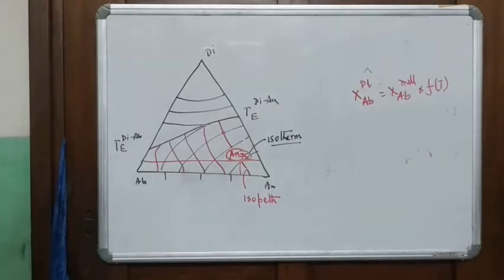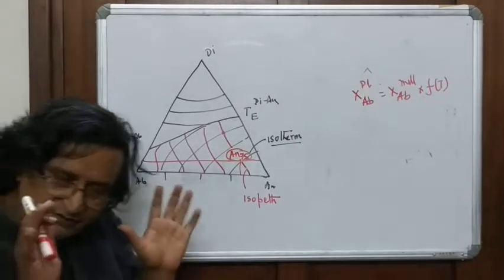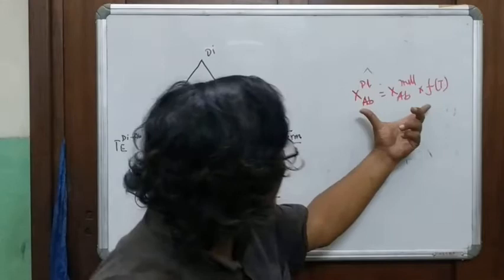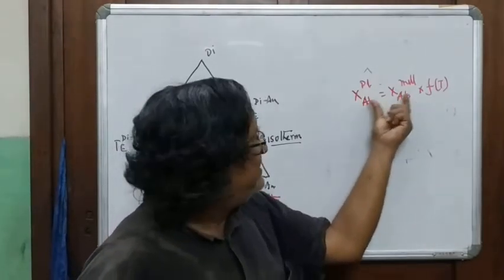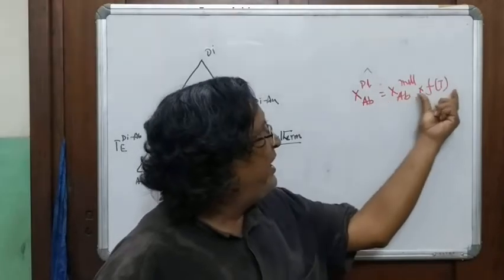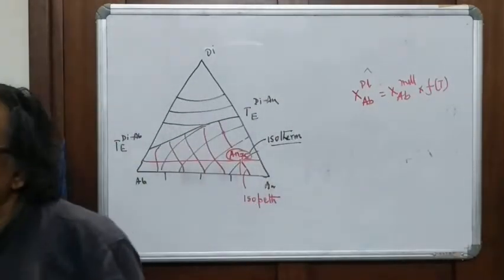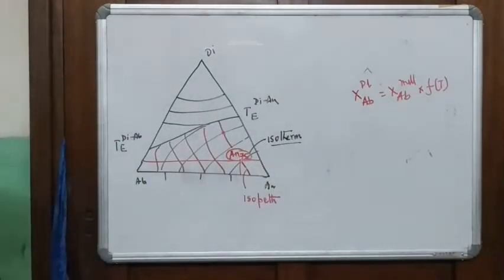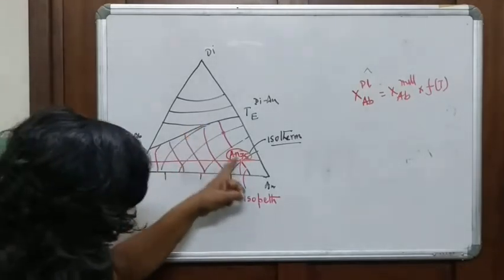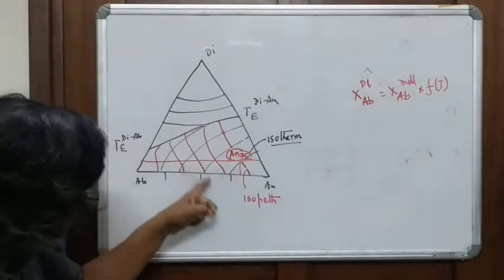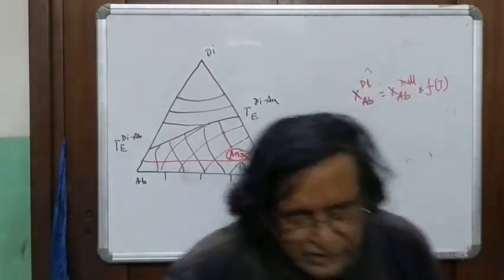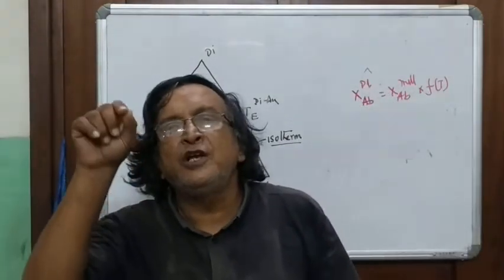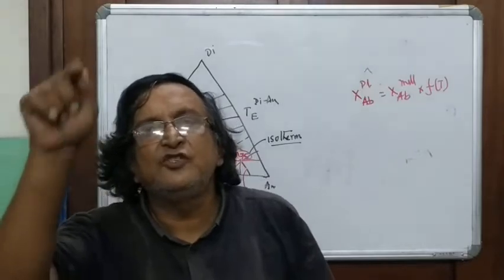Is this clear? Once again, I will repeat because this is very crucial to understand. Remember this diagram. The composition of the plagioclase is a function of the melt and a function of the temperature. These red lines essentially represent lines along which the composition of the crystallizing plagioclase is constant.